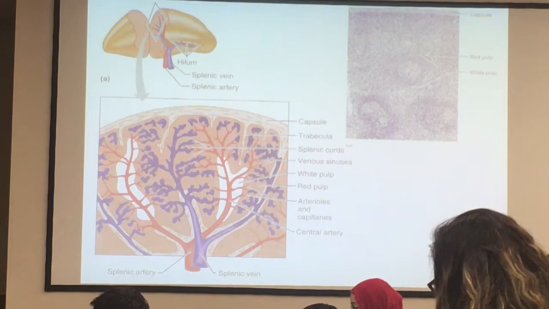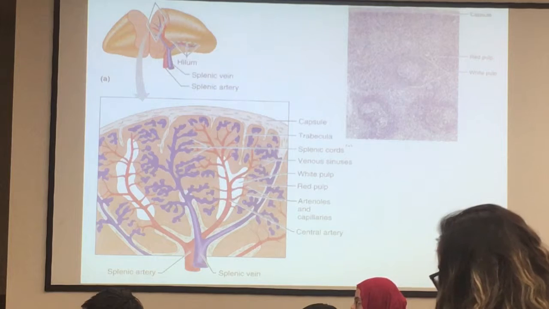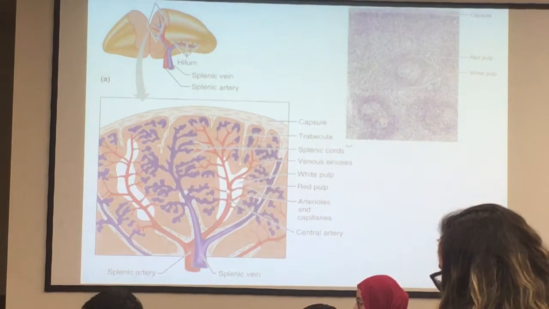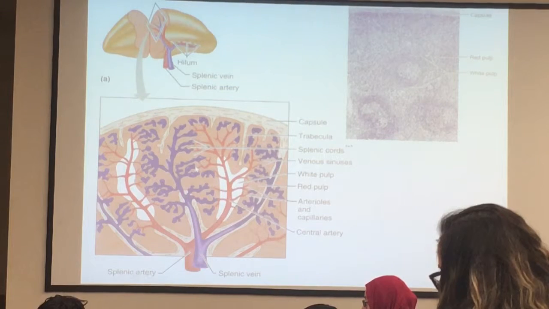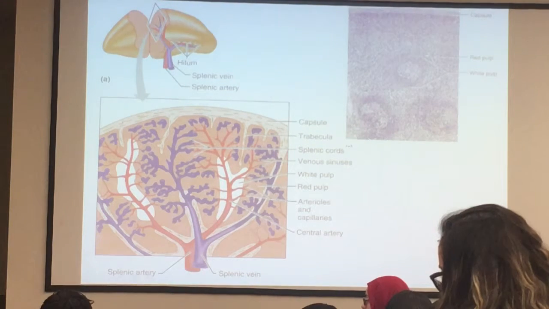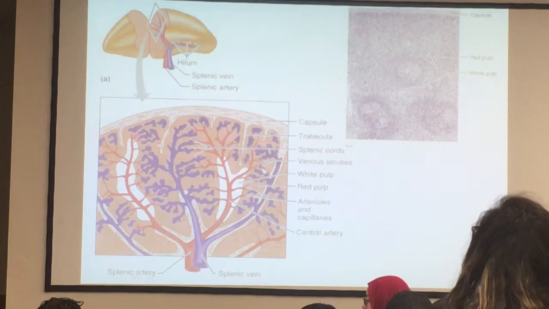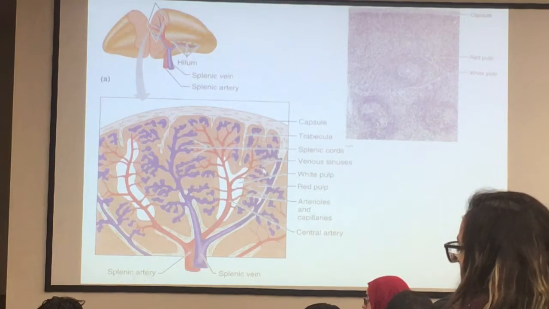So we call it white pulp. So this area is the place for the immune system. It checks for any bacteria, virus, pathogen, or fungus. And then they have a special capillary called a sinusoid. It allows big molecules and red blood cells to go out. And the blue color here goes to the venous system. And we call it red pulp. That's because it's for recycling, swallowing red blood cells.